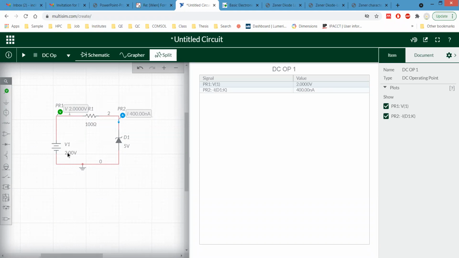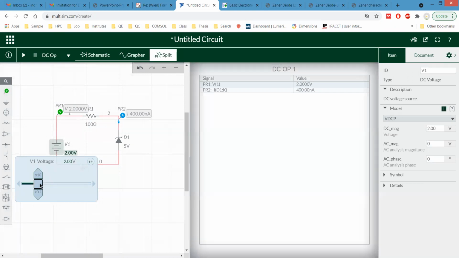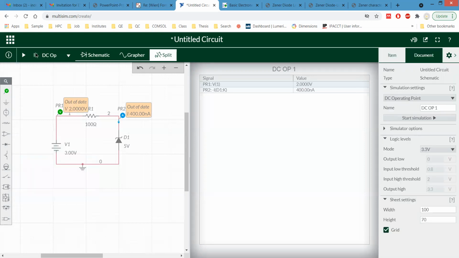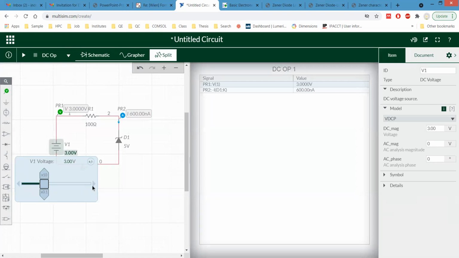Noted already. Okay, good. Then let's move it further for 3 volt. So for 3 volt, it's 600 nanoampere current. Okay.